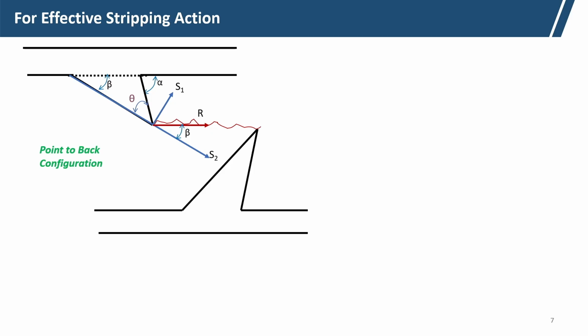Now, let us see the force applied on it. So, here they are in the same direction, point to back configuration. Here force applied on the surface fiber is much less than the carding action. Now, this one is the faster surface, suppose cylinder, and this is a Licarin.